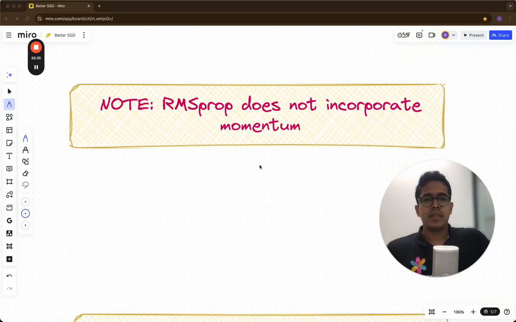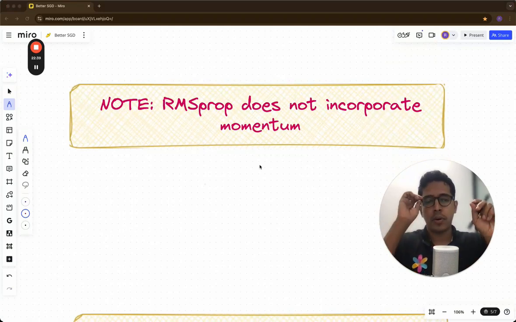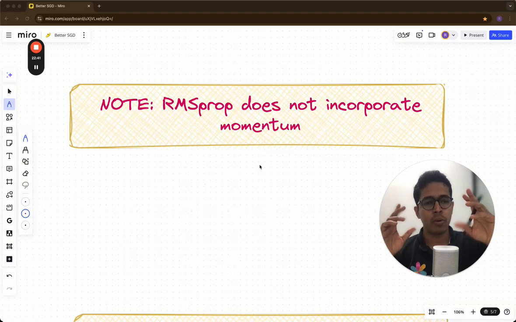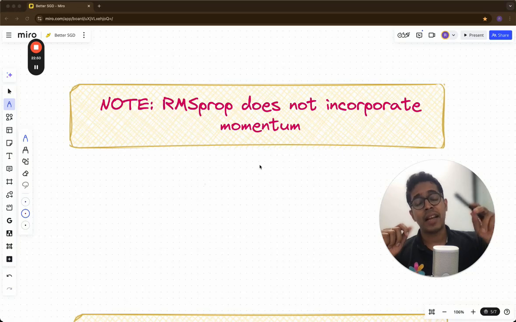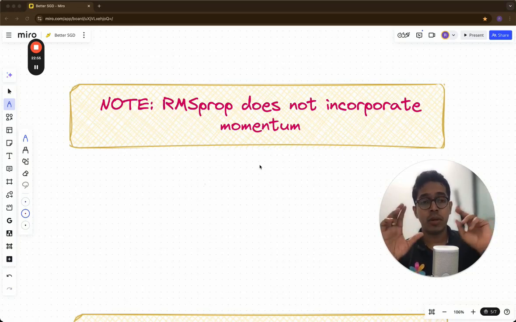Now just one more thing to please understand: root mean square propagation does not incorporate momentum. The reason why I am mentioning this is in the next lecture we'll be talking about the Adam optimizer. In Adam, actually there is both momentum as well as adaptive learning rate. In momentum there was no adaptive learning rate, the learning rate was constant, but the gradient was modified based on the velocity or the momentum.